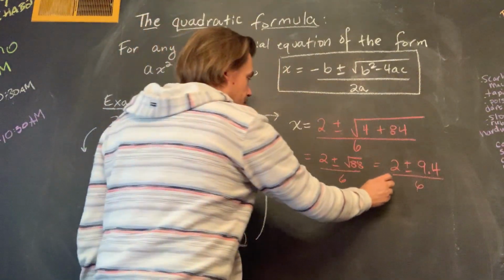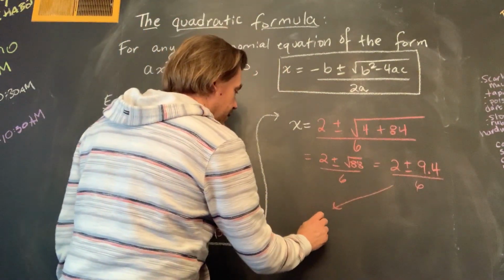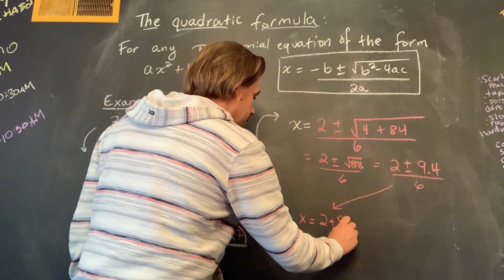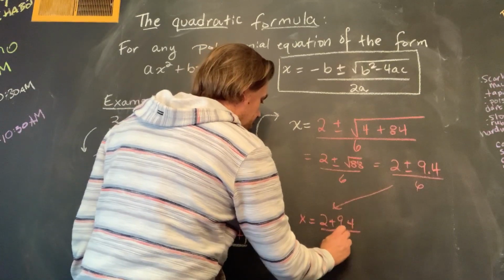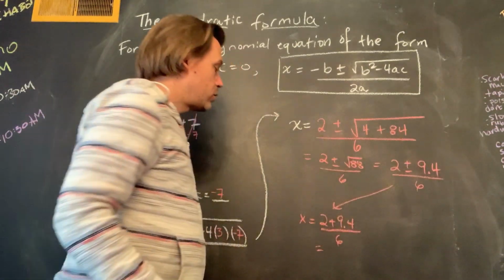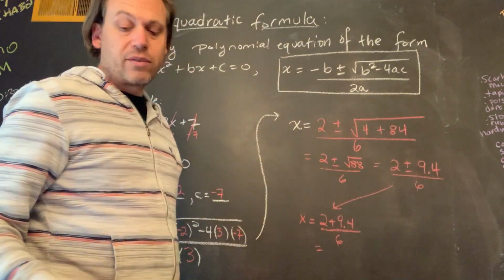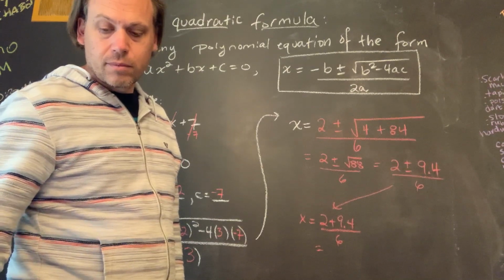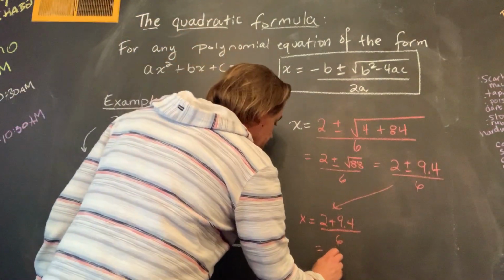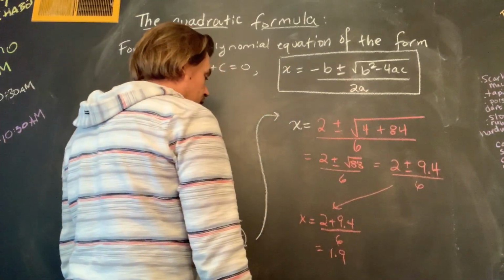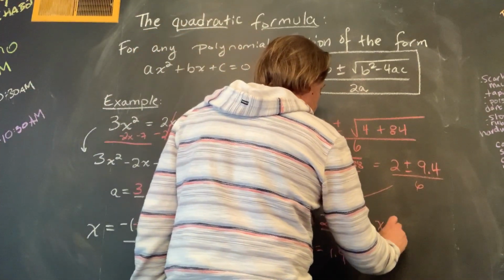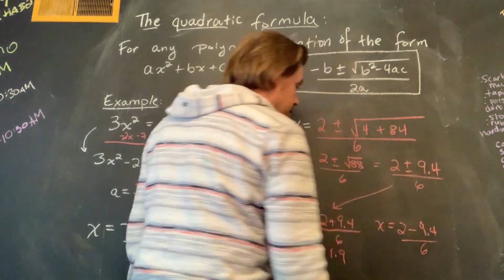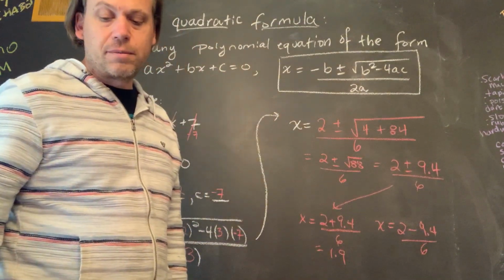So two answers. My first answer is x equals 2 plus 9.4 divided by 6. 2 plus 9.4 is 11.4. 11.4 divided by 6 is 1.9. And then my other answer is 2 minus 9.4 divided by 6. 2 minus 9.4 is negative 7.4.